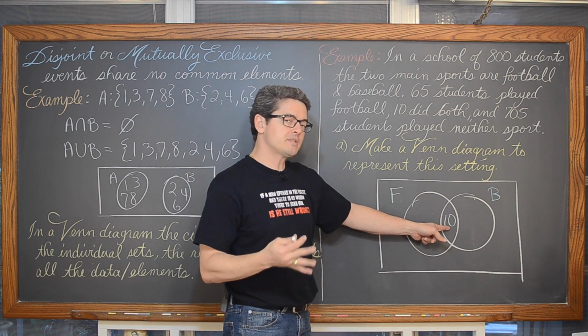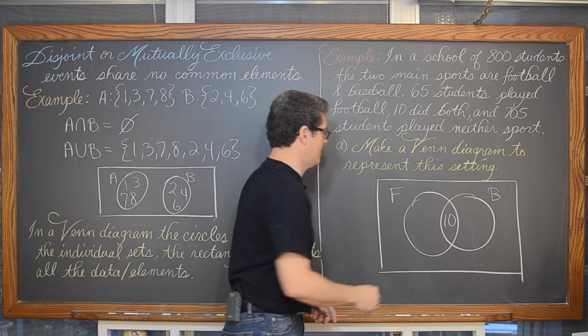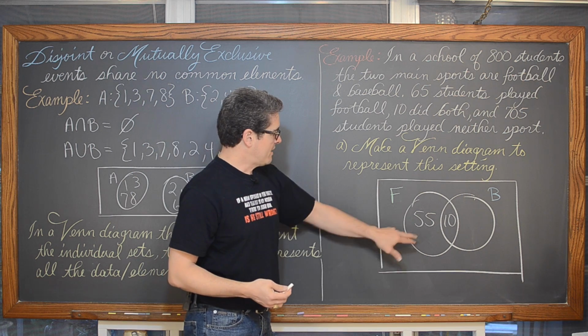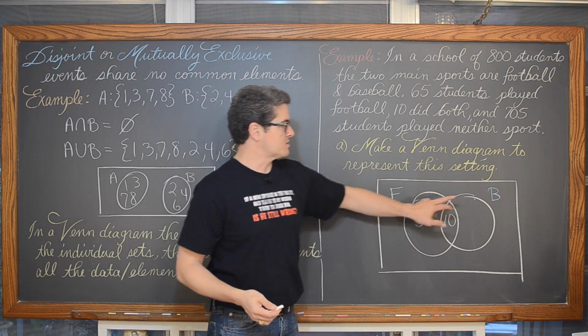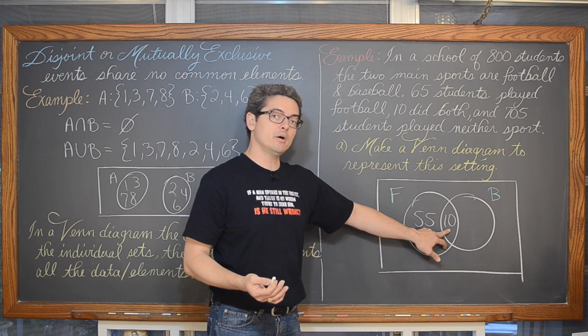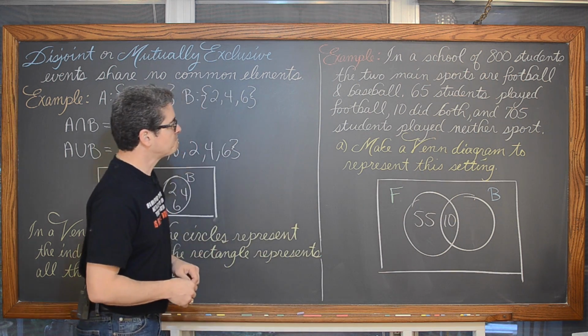So we already have 10 football players accounted for of the 65. So looking at what we have right now, we have 55 football players that don't play baseball, and then we have those 10 that play both. But that 10 is still in this circle representing the set of football.